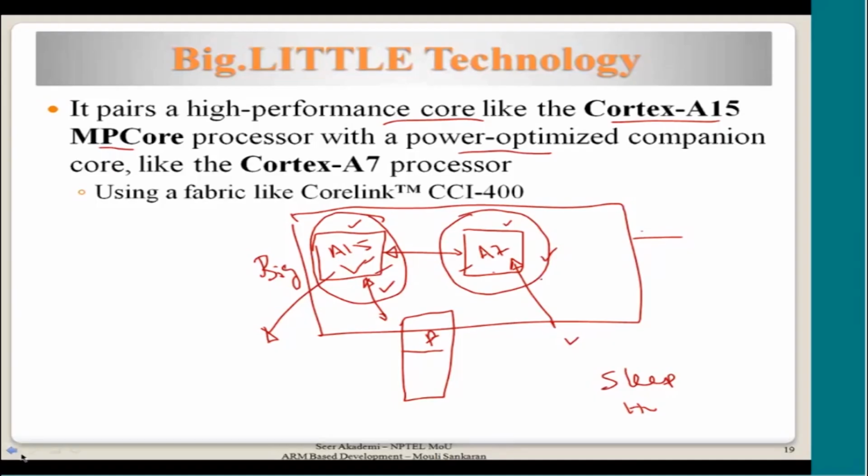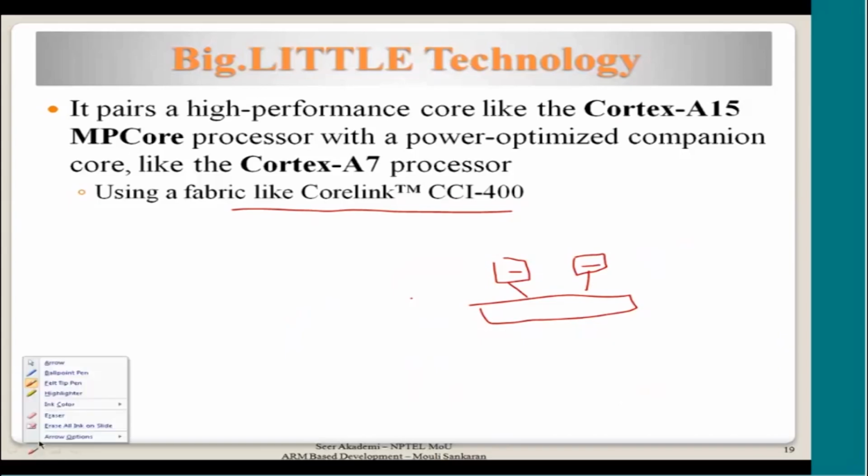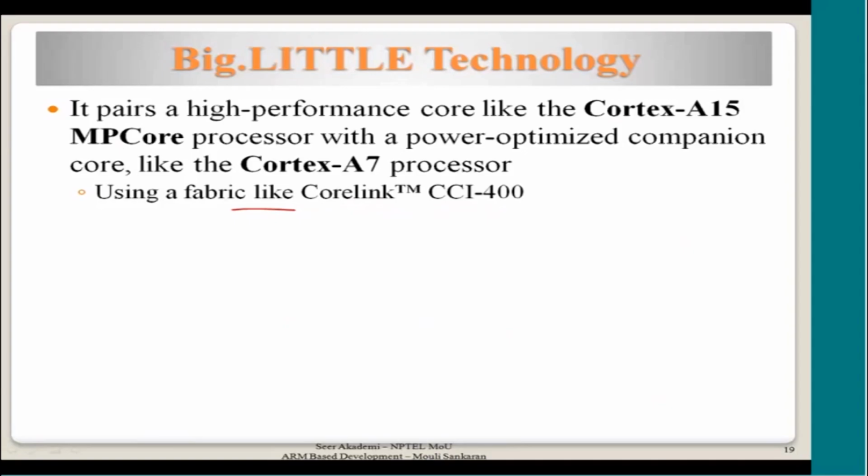So it's a combination of both, and this is done using this CoreLink. It's a fabric. I will show you some diagram that enables sharing memory and whatever data between two multi-core processors, both big and little processors. Okay, fine.